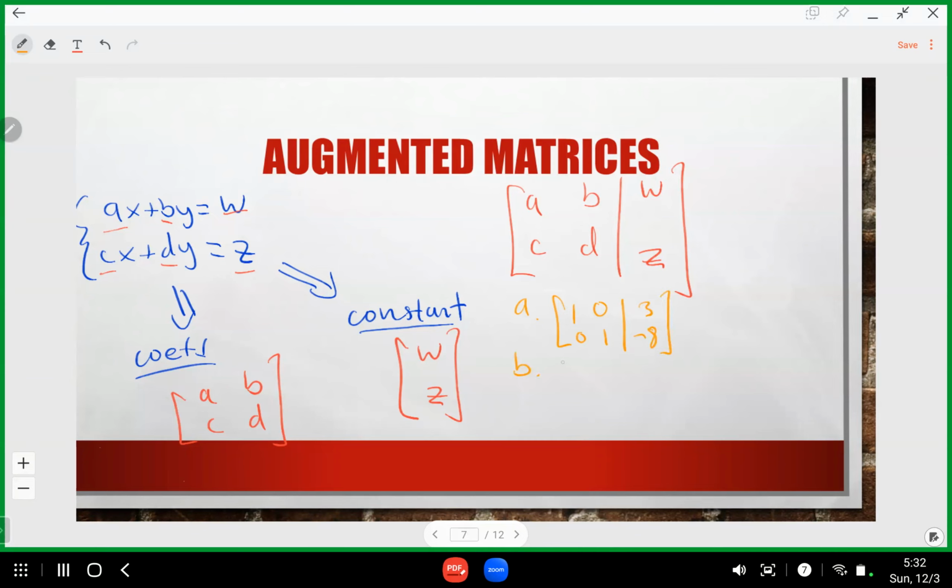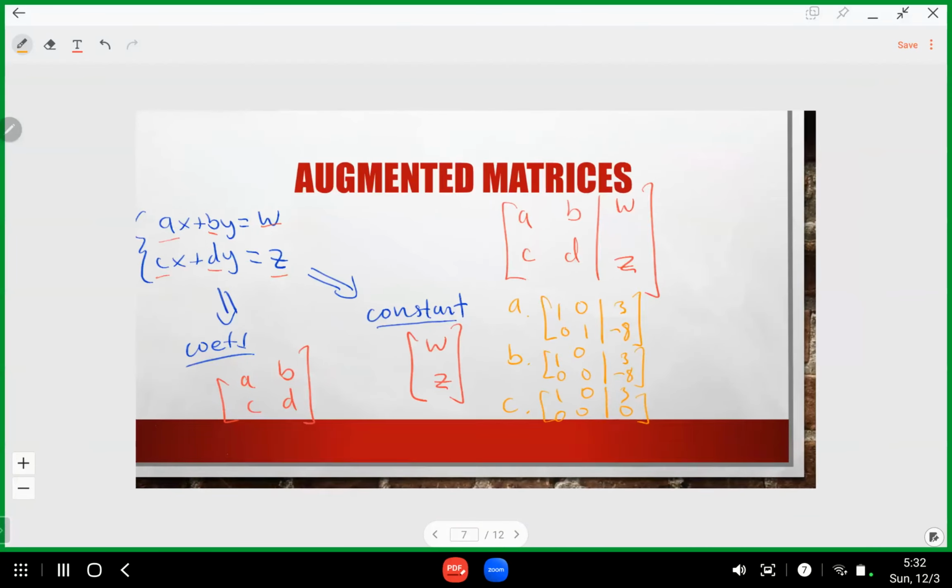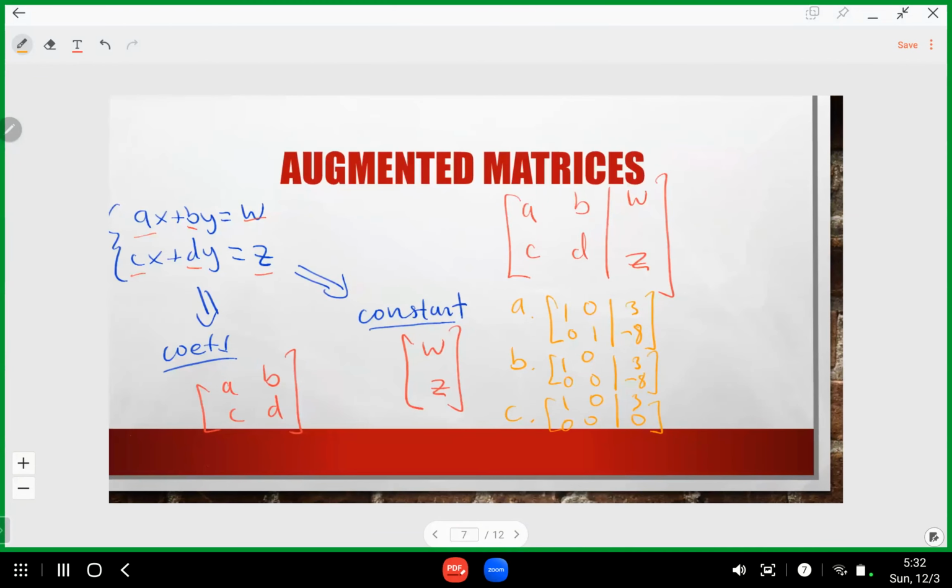B, let's say 1, 0, 0, 0, 3, -8. C, let's just say 1, 0, 0, 0, 3, 0. So interpret these. By interpret, I mean how many solutions does each of these augmented matrices have? I'll give you like 30 seconds to do so.